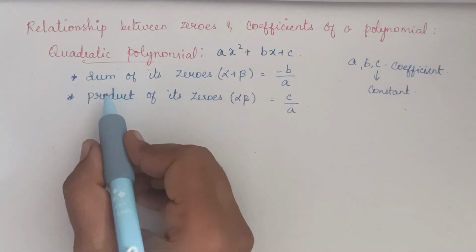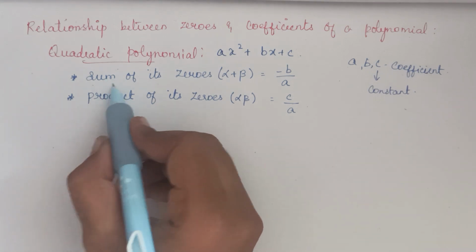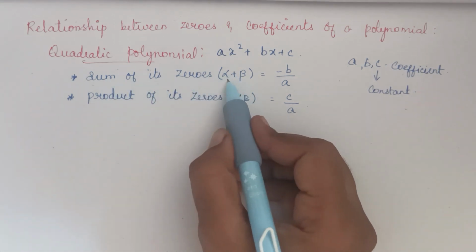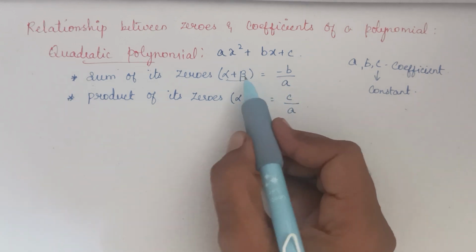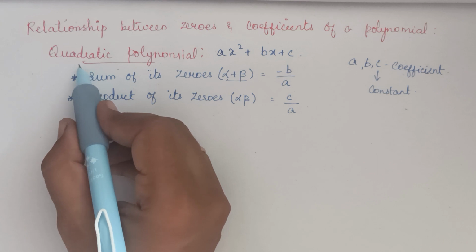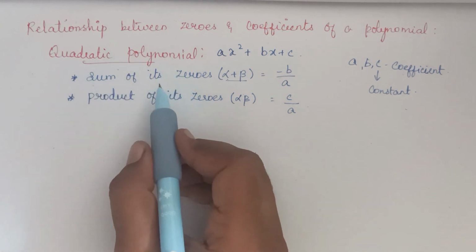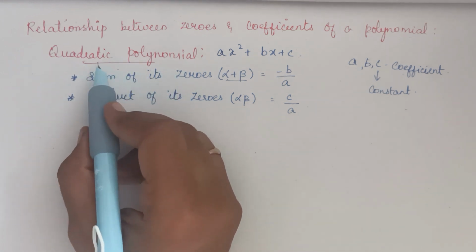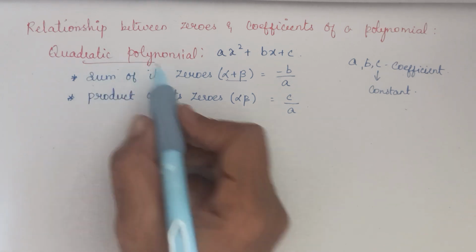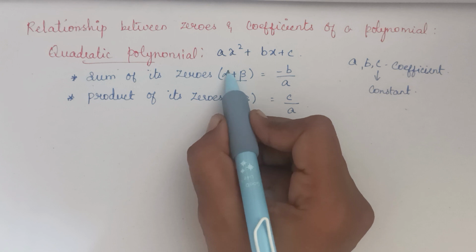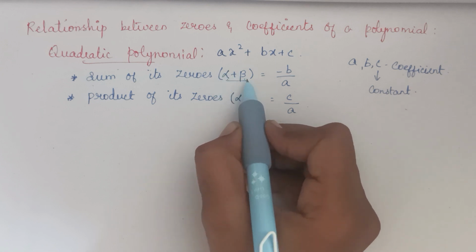So if we want to prove it, we have two formulas. The sum of its zeros is alpha plus beta. Why did we take alpha plus beta? The degree of a quadratic polynomial is 2, right? So the two zeros will be mentioned as one alpha and another beta.